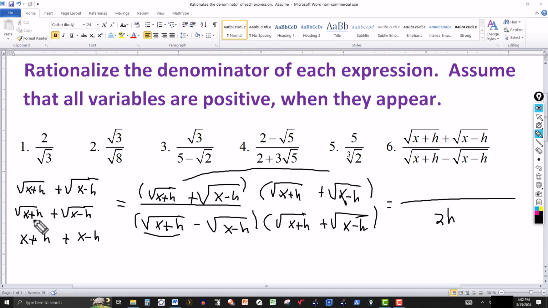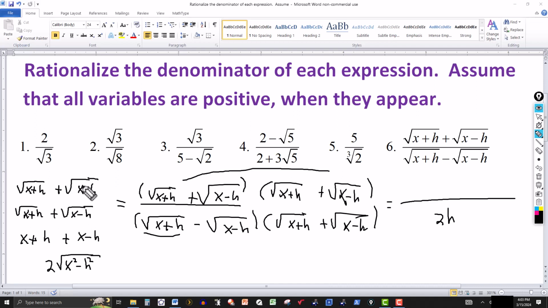So that's just going to give me the square root of x plus h times the square root of x minus h, and the same thing over here. So this is just going to be 2 times the square root of x plus h times x minus h, but that's just going to give me the square root of x squared minus h squared.